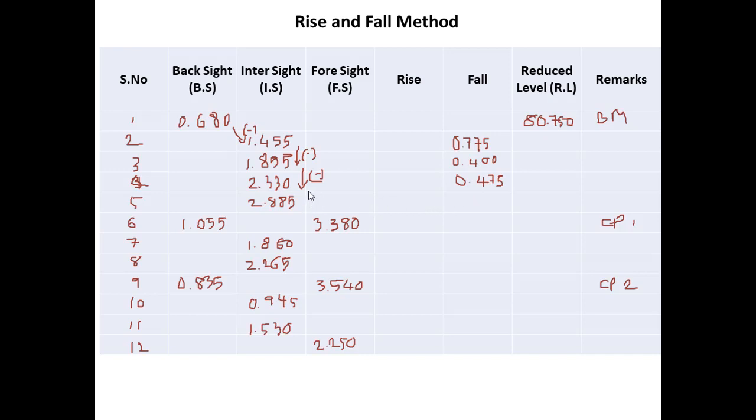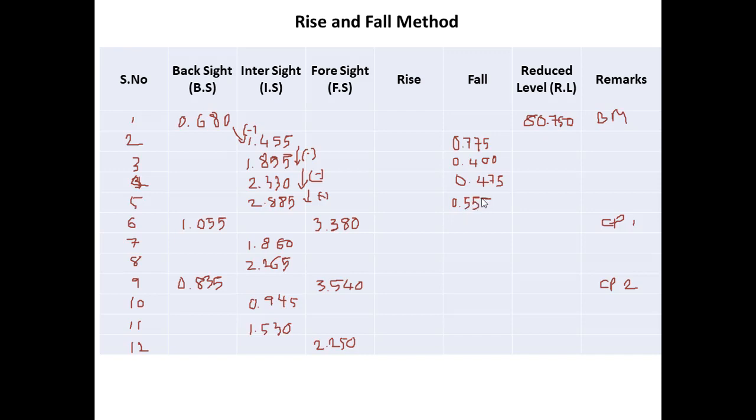So 2.330 minus 2.885 gives minus 0.555. So this is also in fall. Actually, in the given data they have mentioned the ground is sloping ground.